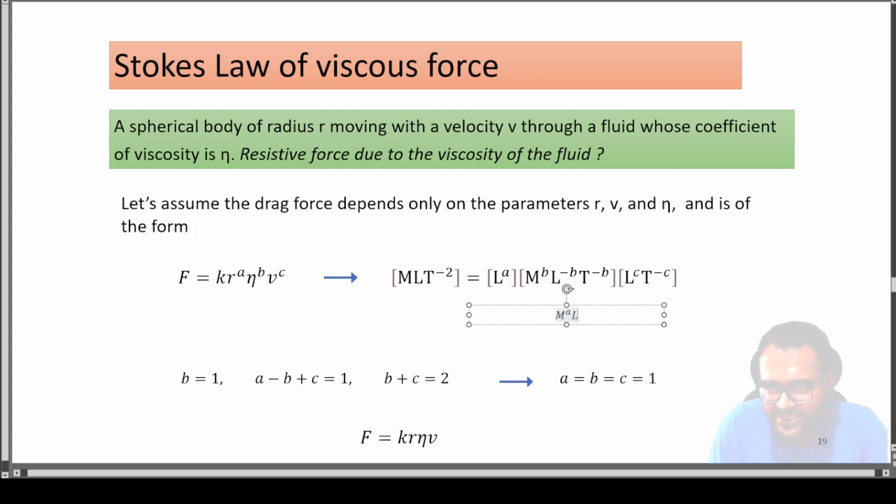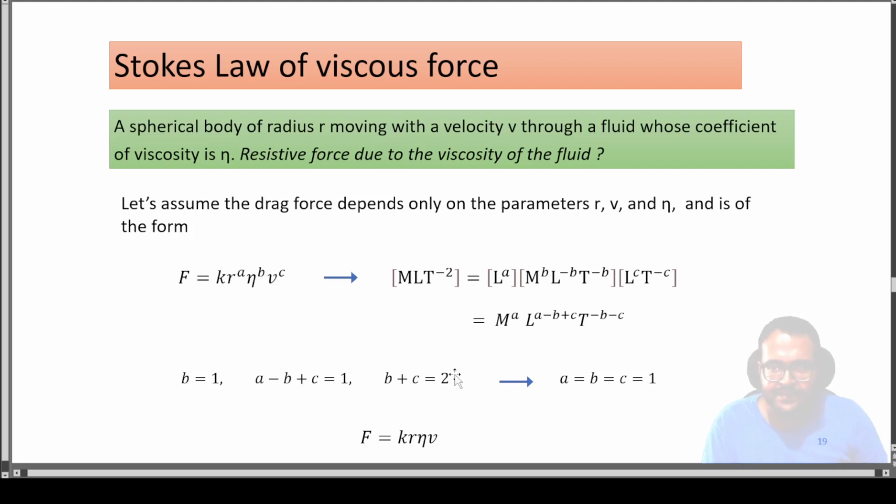L has appeared three times, which gives a minus b plus c. Then T has appeared two times, which gives minus b minus c. That's it. I put an equal sign there.